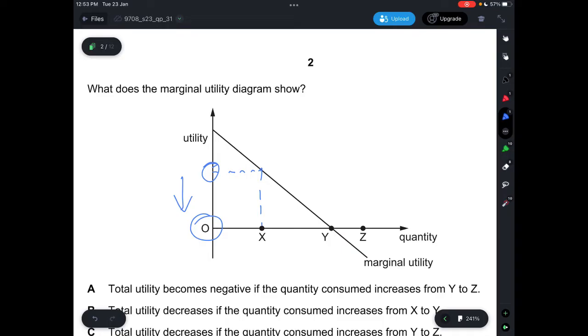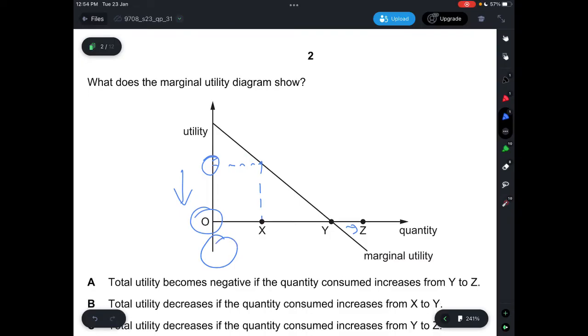After you consume from quantity Y to quantity Z, your marginal utility line is in the negative area of the y-axis, which means that the marginal utility changes from a positive number to a negative number. And why is this the case?